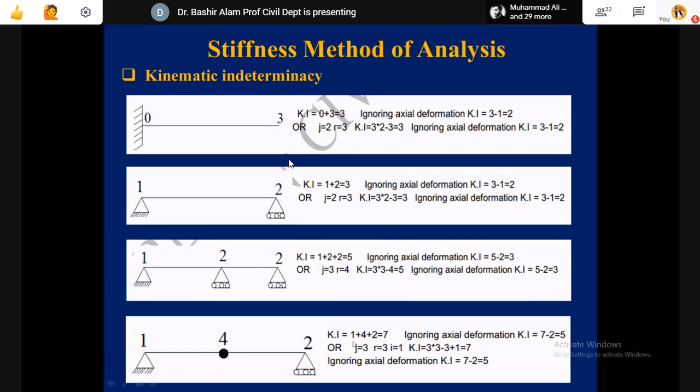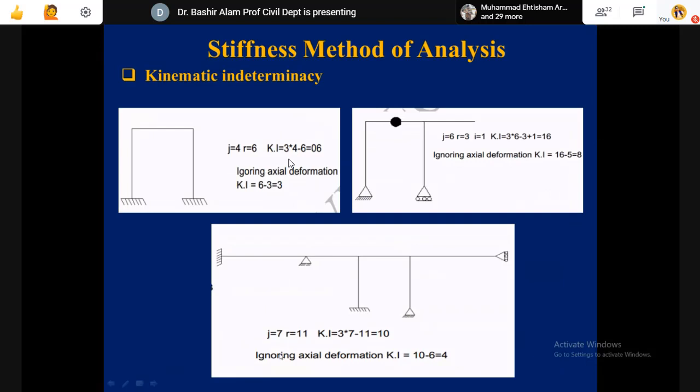It is written here. And you can go with the number of joints and these restraints. So again, 7 degrees. If we ignore the axial effects, 2 members, we subtract those and it becomes 5 degrees indeterminate. In case of the frame, in this left top one, we have 4 joints.